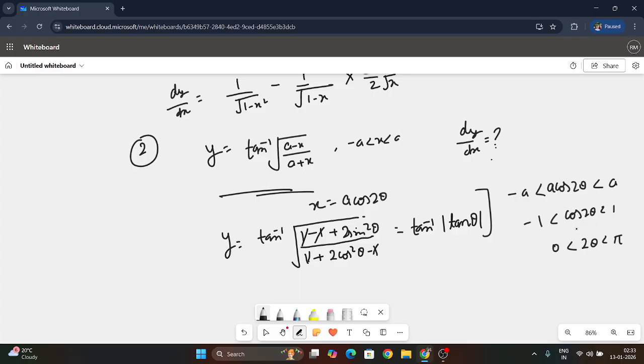Cos 0 is 1 and cos pi is minus 1, so theta is going to be 0 to pi by 2.